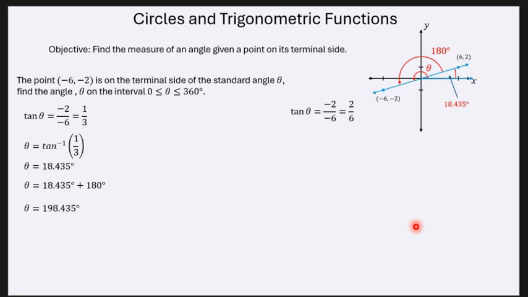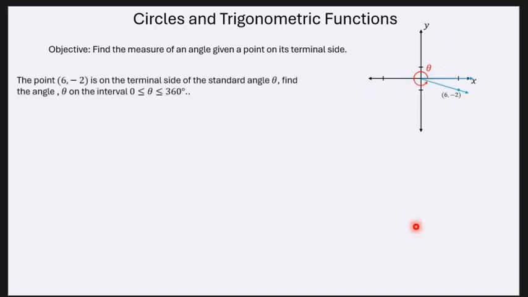Let's take a look at an angle in the fourth quadrant. If we have an angle over here in the fourth quadrant, this angle theta, well, the issue here isn't that the arctangent can't give me the angle. The arctangent can give me the angle, it just can't give me the angle on the interval from 0 to 360, because for angles in the fourth quadrant, the arctangent always gives you a negative.